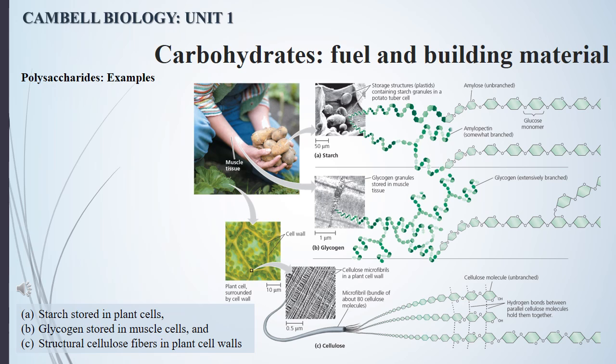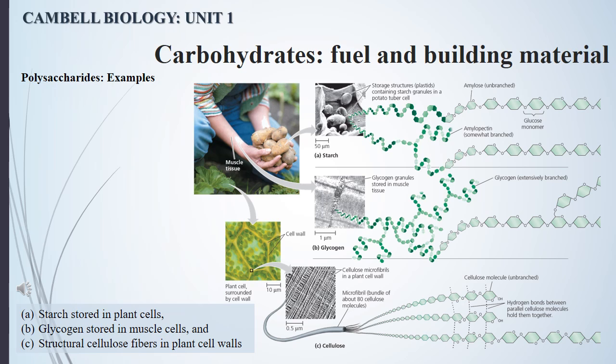Yet another example is cellulose in plants. These are polysaccharide structures that surround the cell wall and give the plant cells their structure. So these are basically polymers of unbranched cellulose molecules.